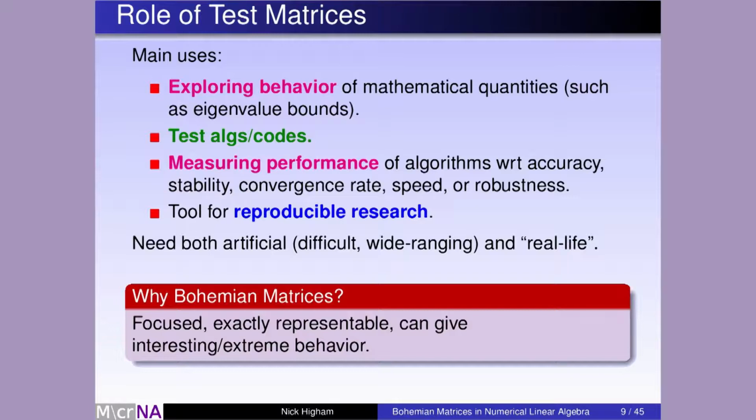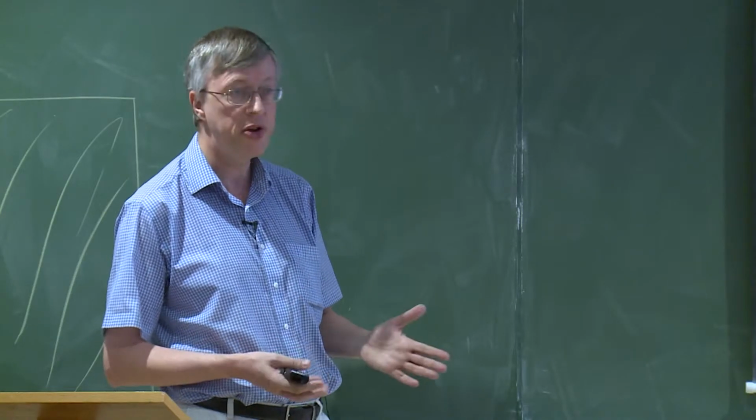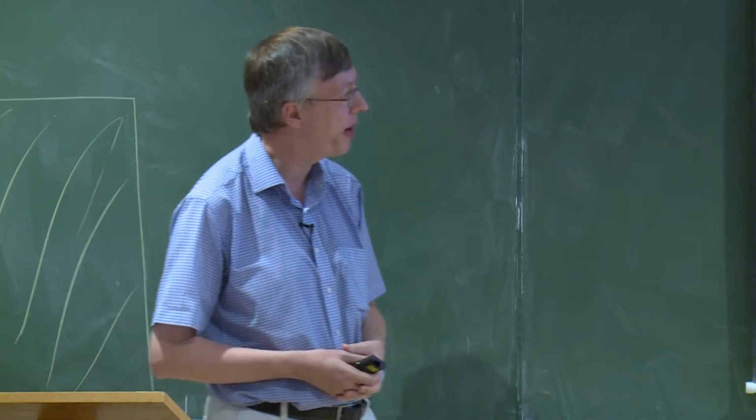Now this is a very important topic nowadays, the idea being of course that you can reproduce an experiment that you've done in the past. Bohemian matrices provide an exactly representable set of matrices, so there are no issues over rounding errors in representing them. So it's a class of matrices where you can do an experiment that you can easily repeat later.